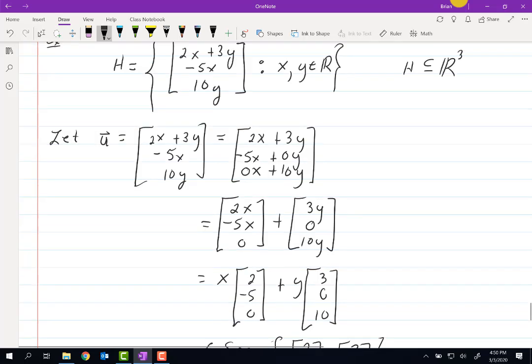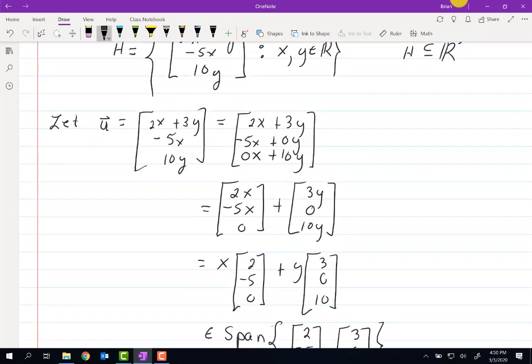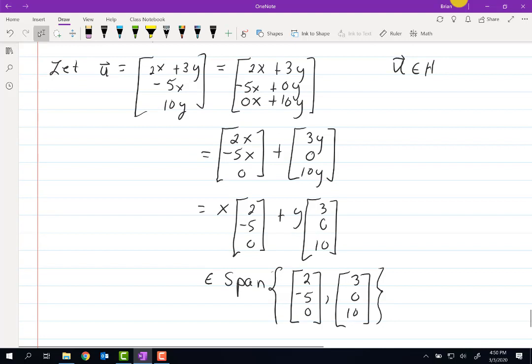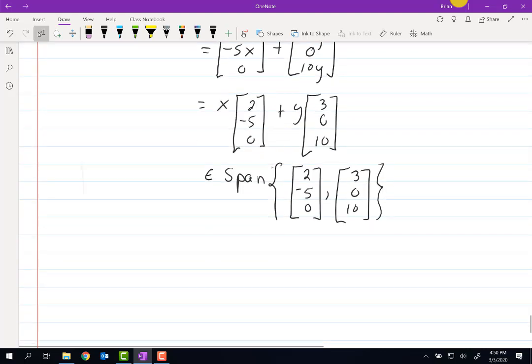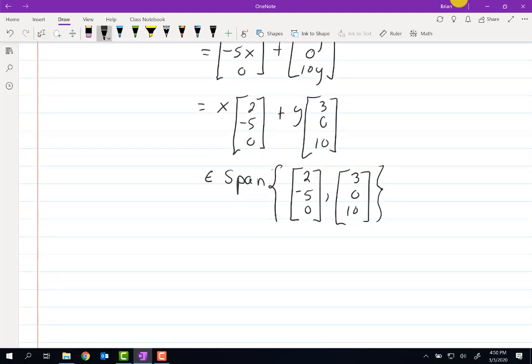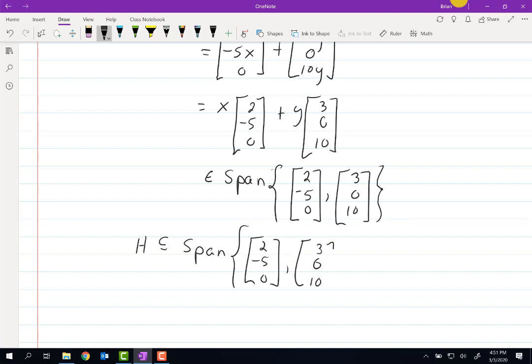So what happened was I picked an item inside of H. U was any arbitrary vector that was inside of H. And so I showed that any item in H was also in the span. So what I've shown is that H is a subset of the span of (2, -5, 0) and (3, 0, 10).